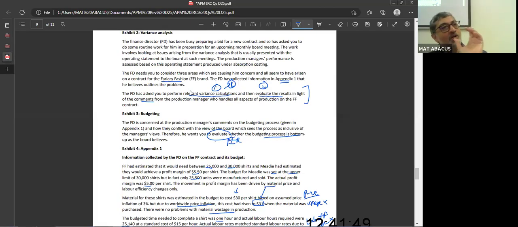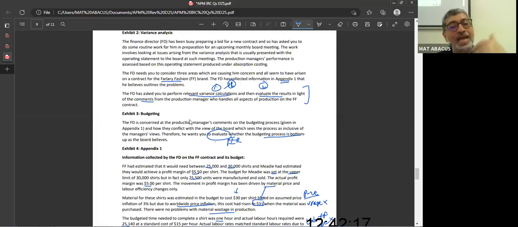Now, only the student who is well prepared will know, oh, based on the data, I can also do planning and operational. Because we have students who just did the first three variances: the sales volume total, the material price total, and the labor efficiency. That's it. And then they don't break down further. So that means there are additional relevant variance calculations to be done, but they did not do.